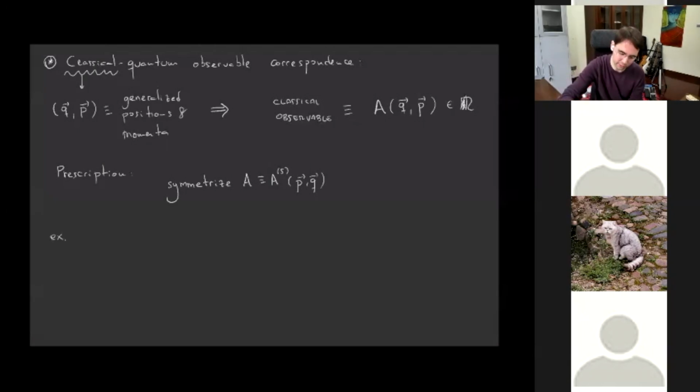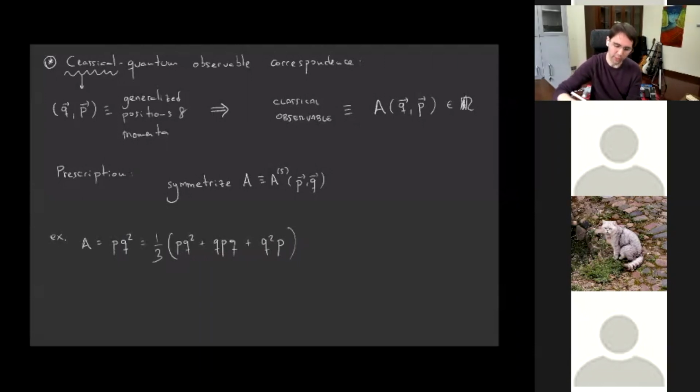So the example is the following. Imagine that your classical observable is this function here, p q squared. Now classically, I can write p q squared, or I can write q p q, or I can write q squared p, and these three orderings of p and q all lead to exactly the same observable.